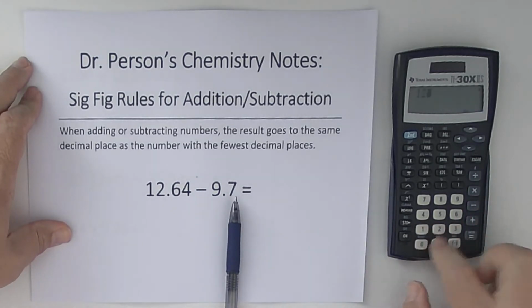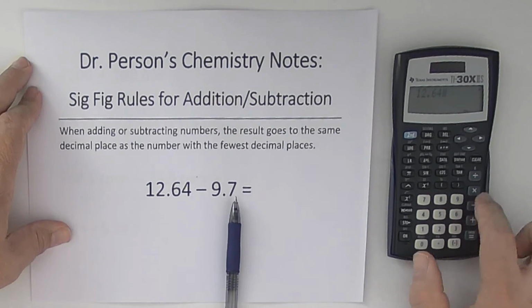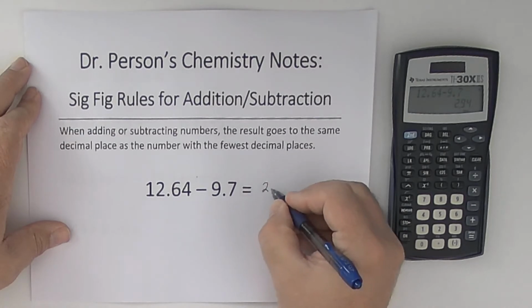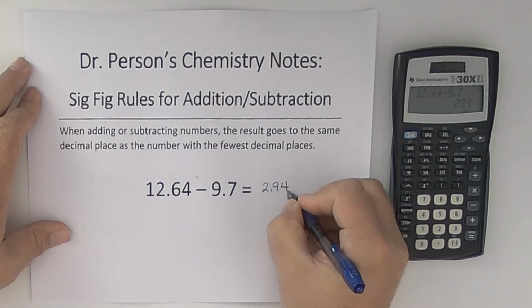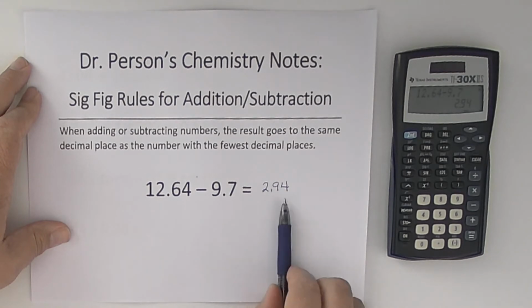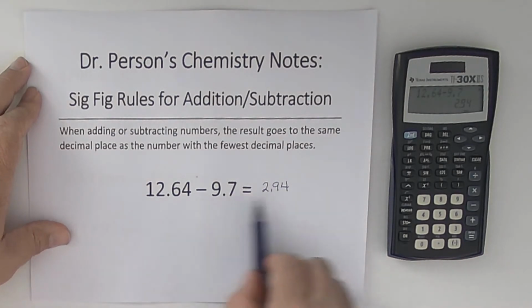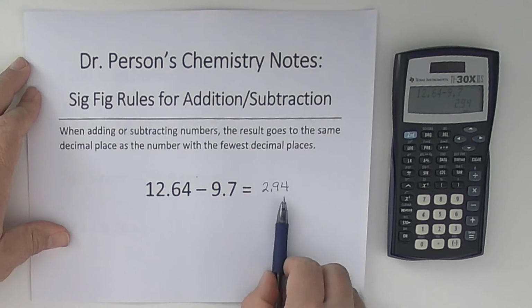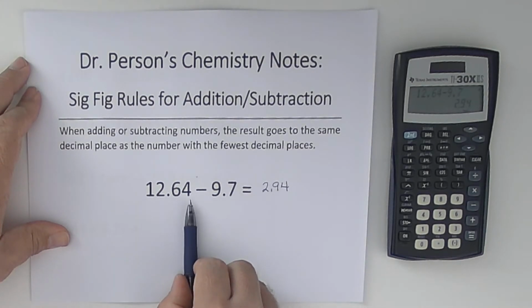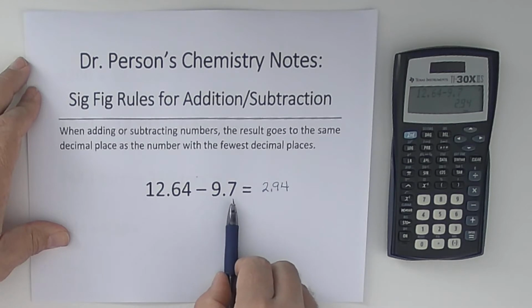So in my calculator, I'll put in the numbers, I'll write down my answer with pretty much, not in this case everything that's displayed, but just make sure you include a few extra. Okay, so I get 2.94, and now I need to figure out which of these are significant figures. So this number should go 2 digits after, this number goes 1 digit after.